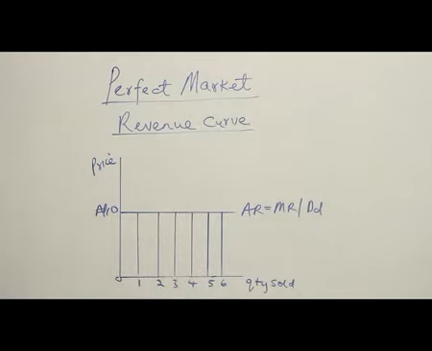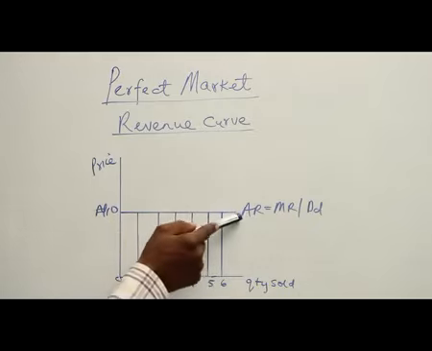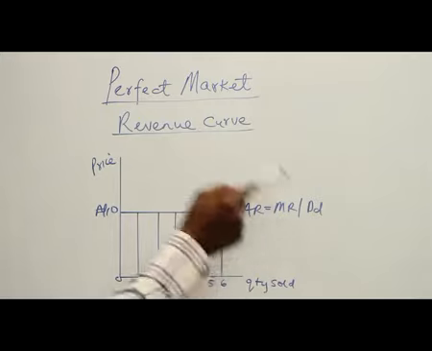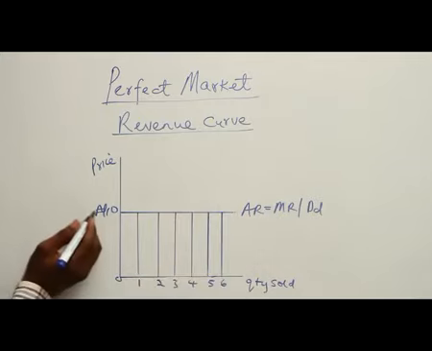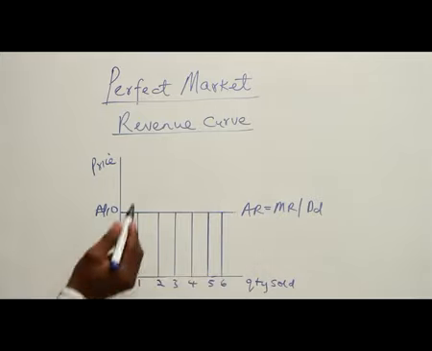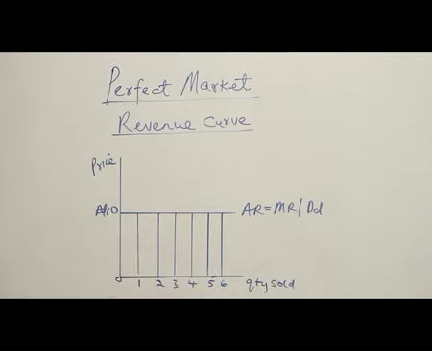It is also the same thing as the average revenue curve as well as the marginal revenue curve. That is, at this price, we have our average revenue to be 10 naira irrespective of the quantity sold. Likewise, our marginal revenue is 10 naira irrespective of the quantity sold.